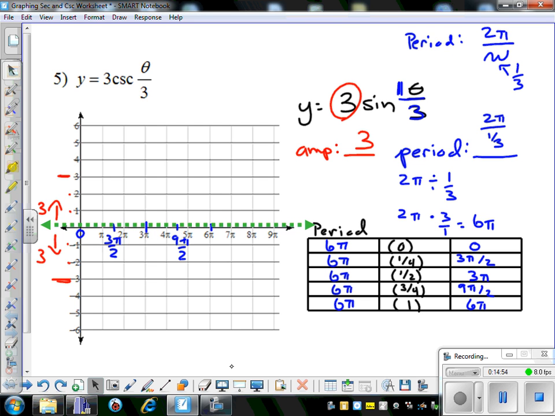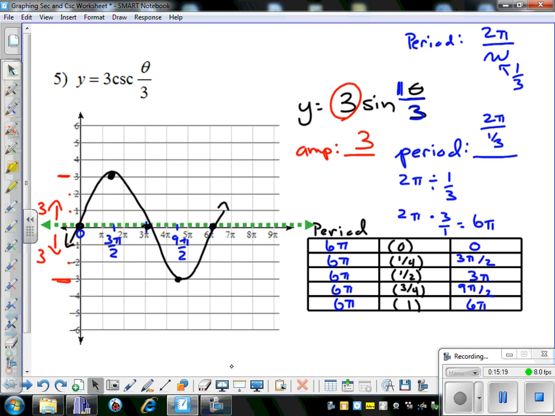Now, we're graphing sine. Sine starts on the midline. Next point, it goes to the top amplitude, midline, bottom amplitude, midline, waving through the points. We'll just make that one a little bit bigger.